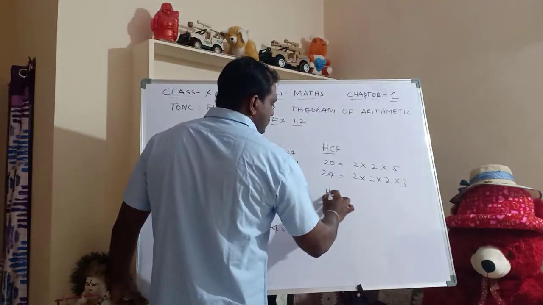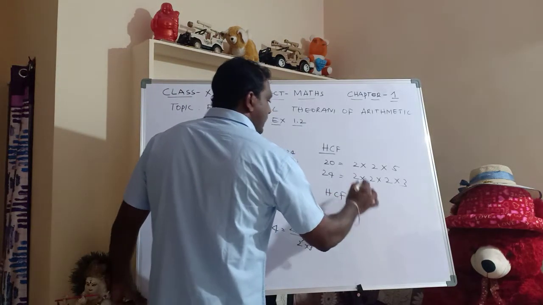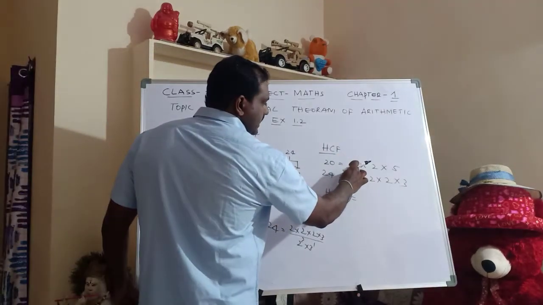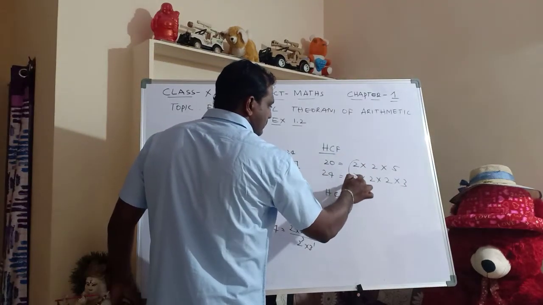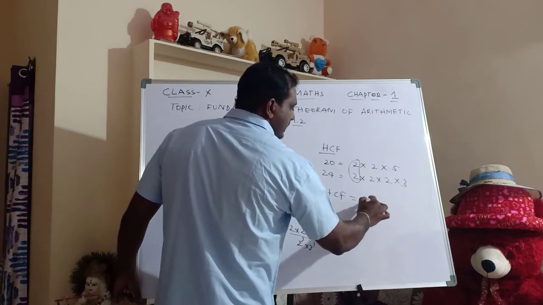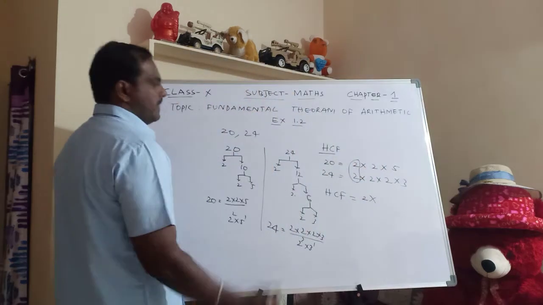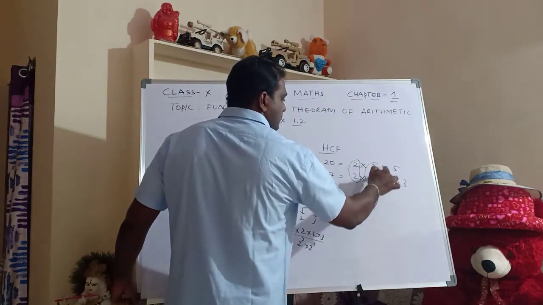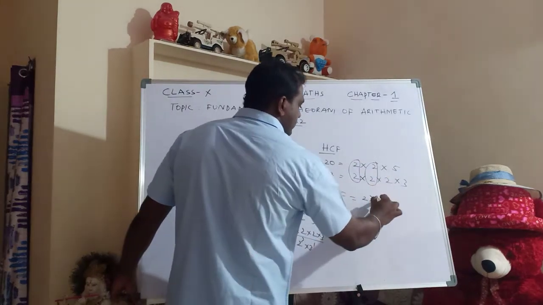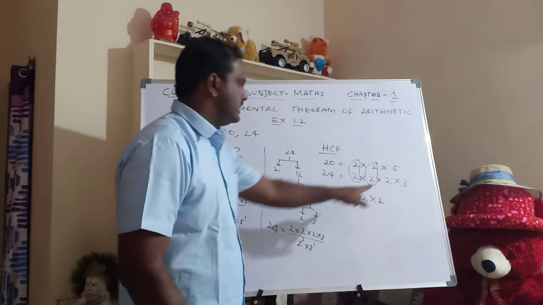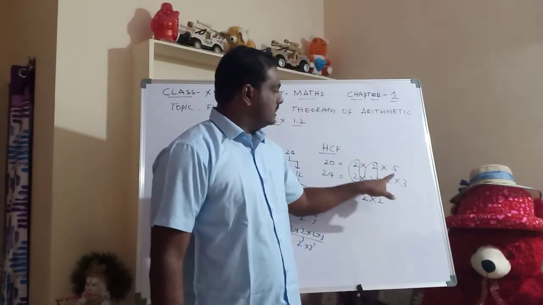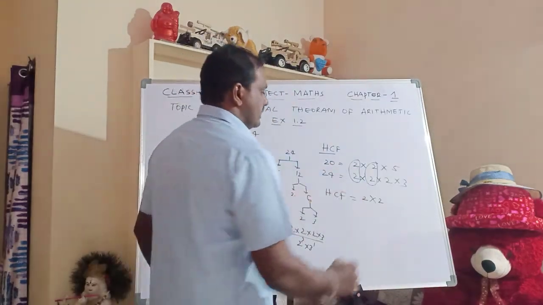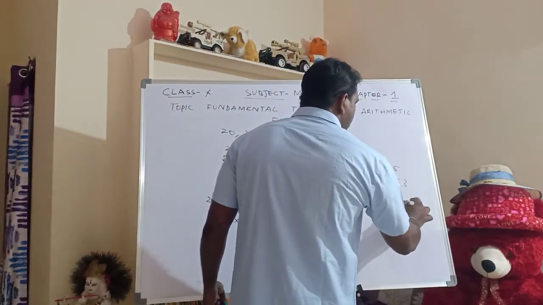Now HCF is, very simple, take the common terms. 2 is here, 2 is here, round it off. For every 2 numbers I write 1. Next 2 is here, 2 is here, write it here. That's all. 5 is here, it's not there. 2 is here, it's not there. 3 is here, it's not there. So I have to stop here. HCF is equal to 4.